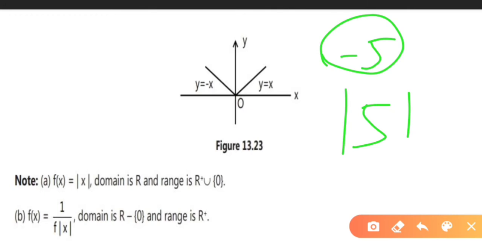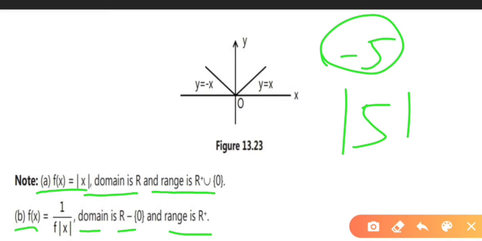F of x equals mod x, where the domain is R and the range is R plus union the set 0. And the second one, f of x equals 1 upon mod x, where the domain is R minus the set 0, and the range is the positive real numbers.